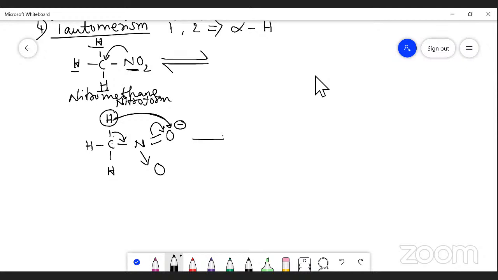The C=N becomes a double bond, and this O minus takes a proton and becomes OH. So I shift the hydrogen from the carbon towards the oxygen as OH.